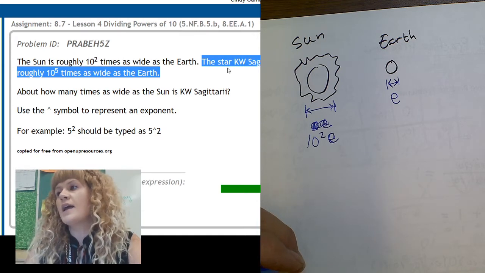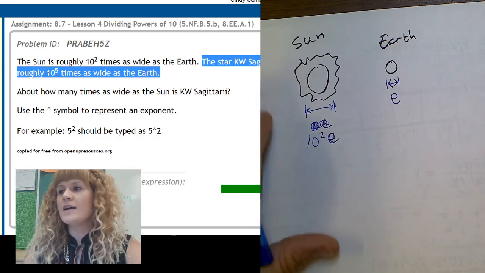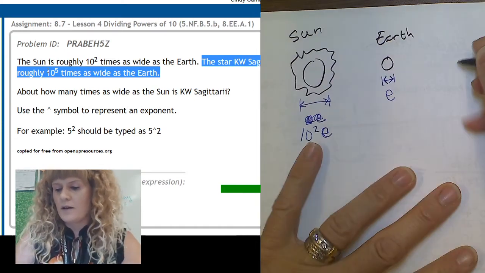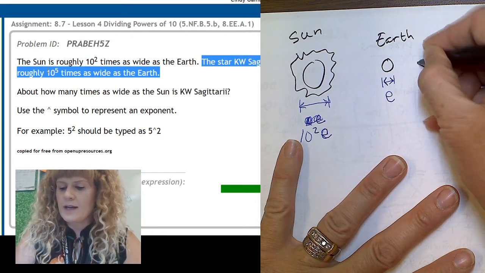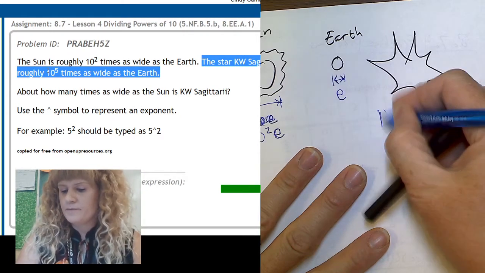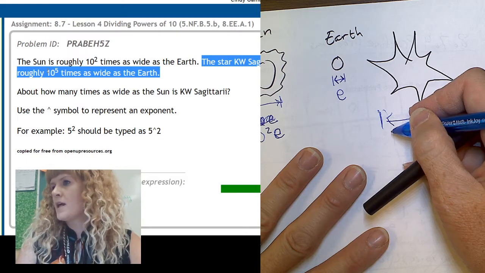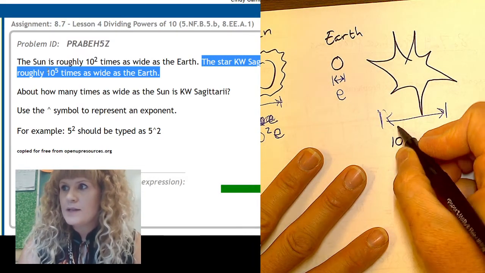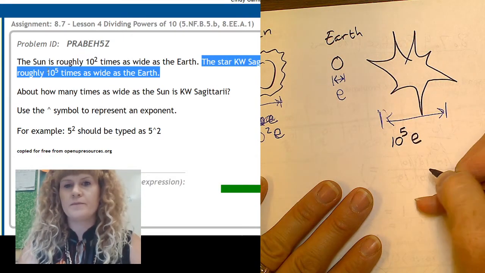The star KW Sagittarii is roughly 10 to the 5th times as wide as the earth. Oh, goody, I get to draw a star. And the width is 10 to the 5th times as wide as Earth.